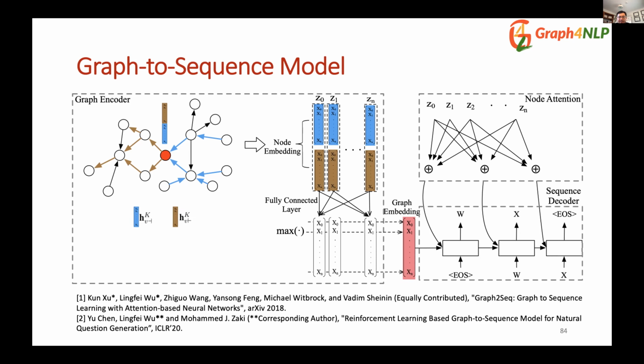The sequence decoder will take that as an initial context. When you do the decoding, you will also attend this context vector to the input part, which is the graph structure, and try to find the most relevant graph node to the current decoding state.